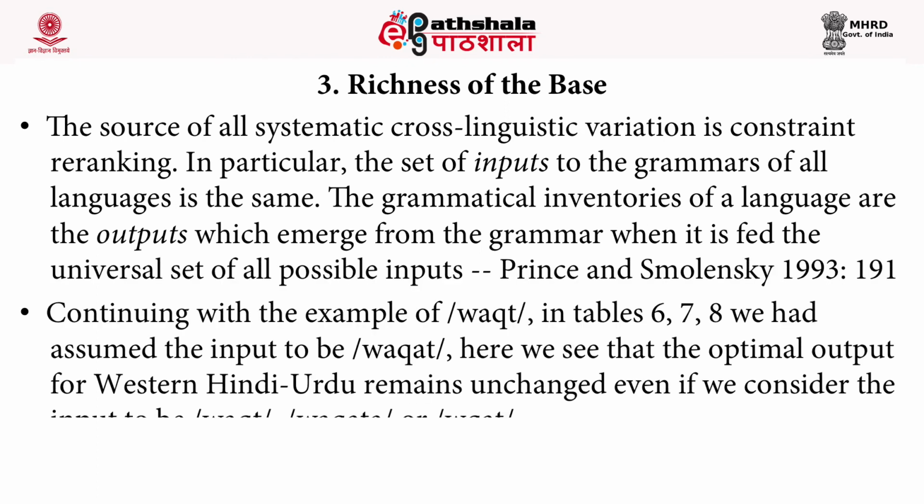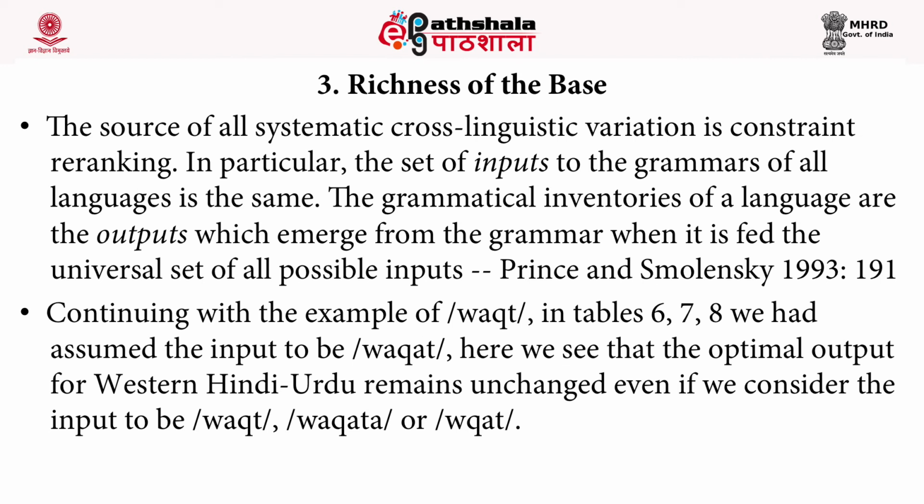As we have checked, whatever input you have, depending upon the constraint ranking, we get the output, which is the output that you have in a language due to the re-ranking of the constraints. Only by re-ranking the constraints we have different outputs.